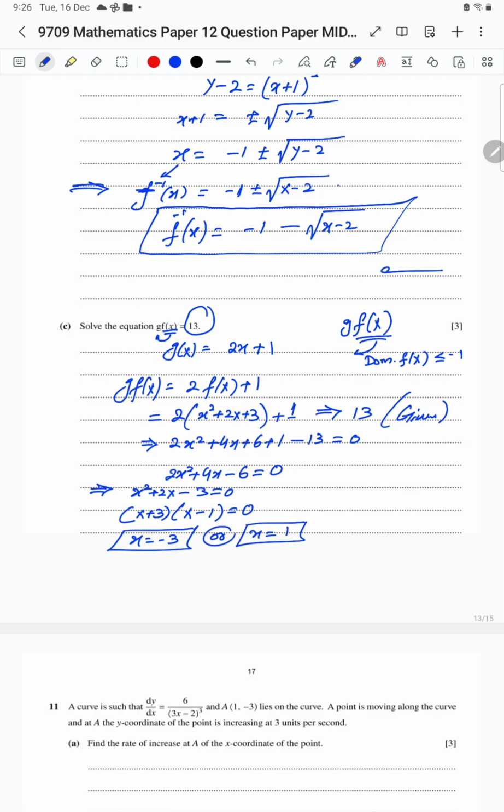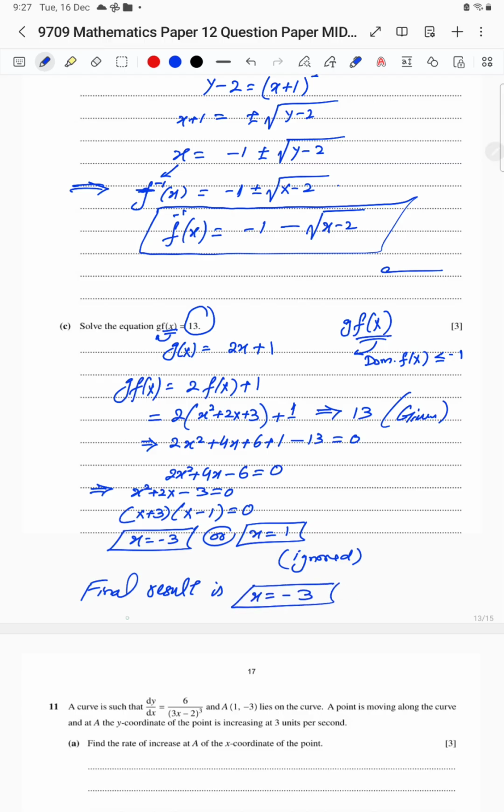So I will ignore this because the composite function, the inserted function domain will be applied with the final function, outside function, that is g. So the final result is x is equal to -3.